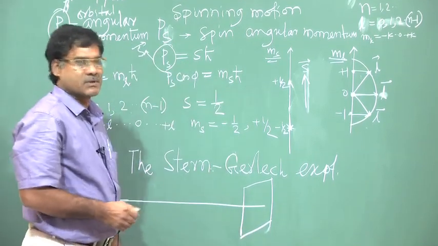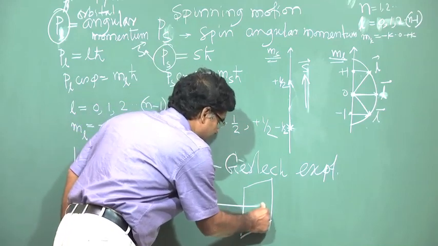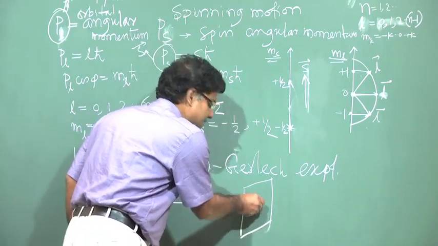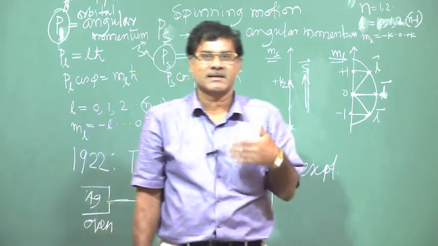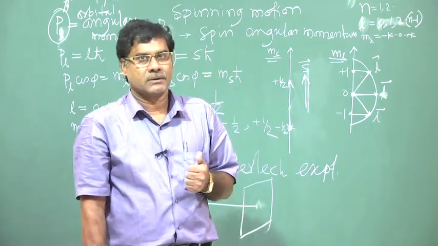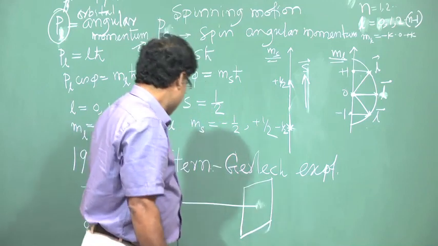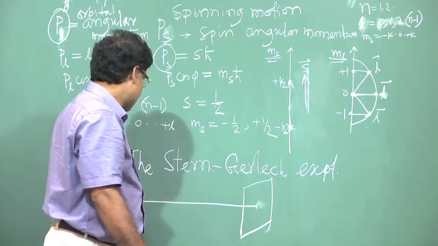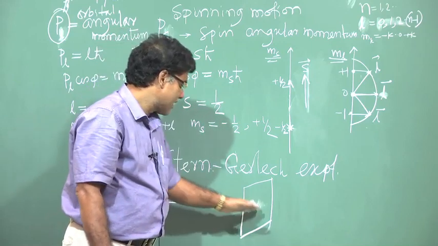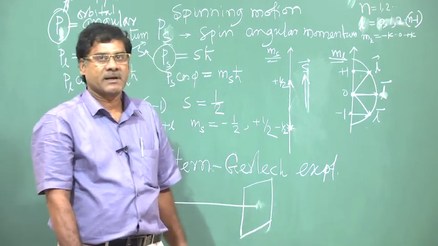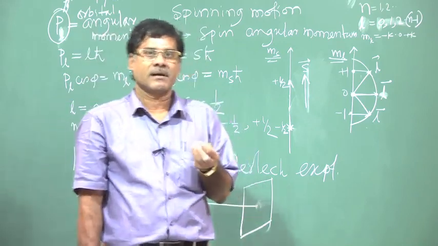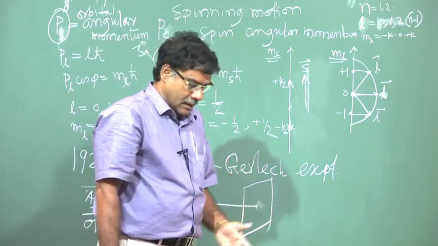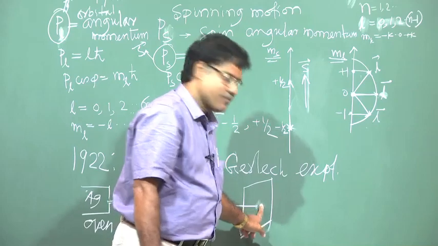Silver will deposit on the screen, because the metal screen is cold. So, this silver beam moves with kinetic energy, because of the temperature, and it will reach the metal screen, and silver atom material will be deposited on it. Okay. Fine, that is no problem.